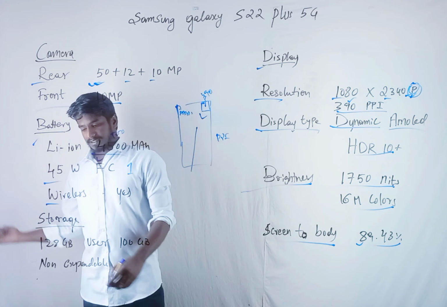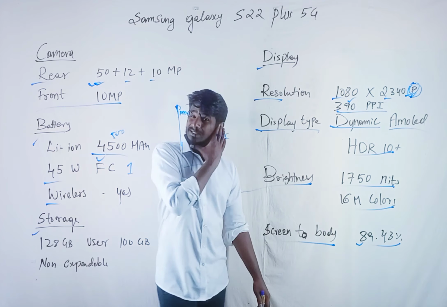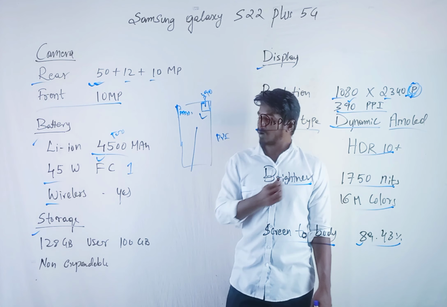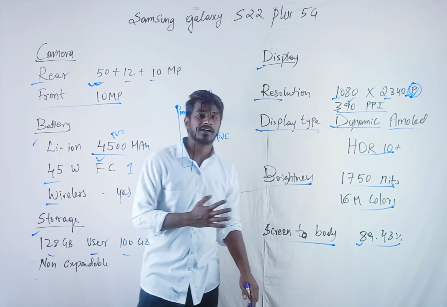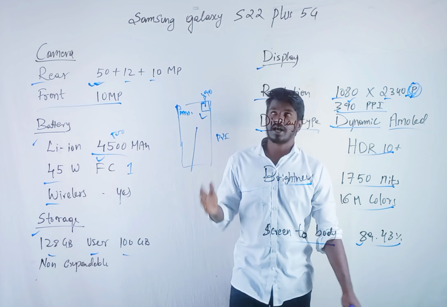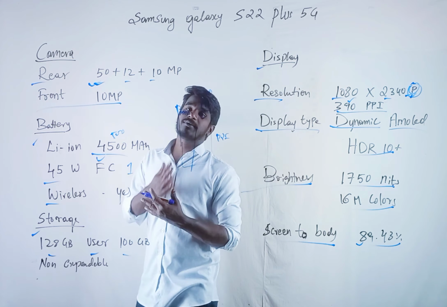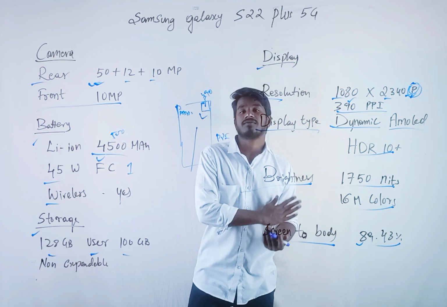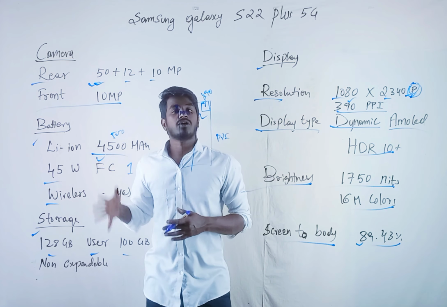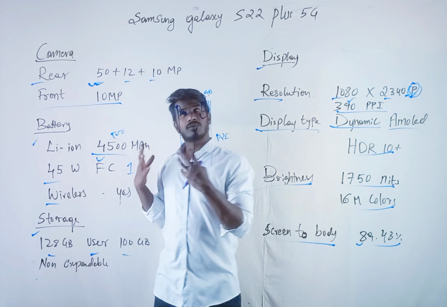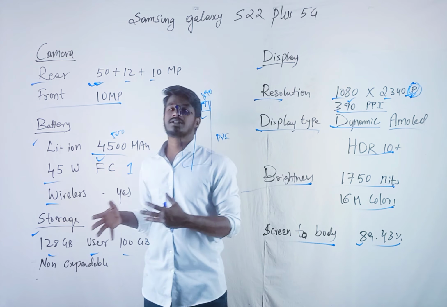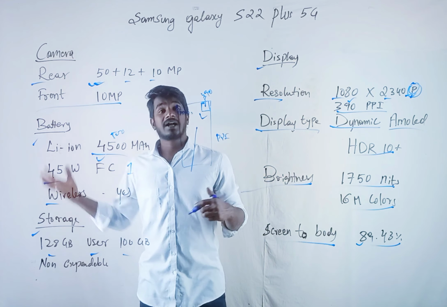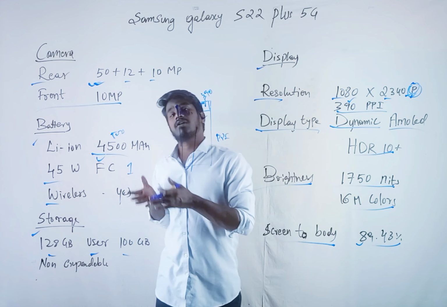Fine. Yes. The storage of this mobile is a drawback, I can say. 128 GB, and the user can get 100 GB. Fine. 128 GB is fine, but it is not expandable. That is the main drawback of this mobile. If you have lots and lots of photos, videos, anything, you cannot store much data in this mobile, and you cannot add a memory card also.